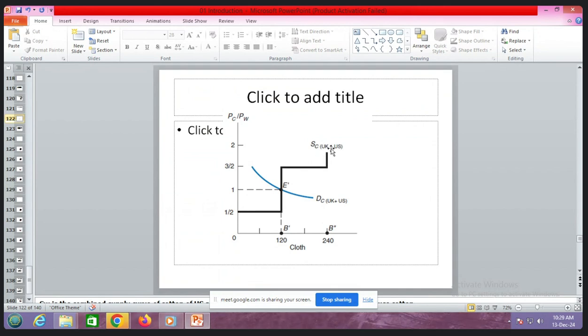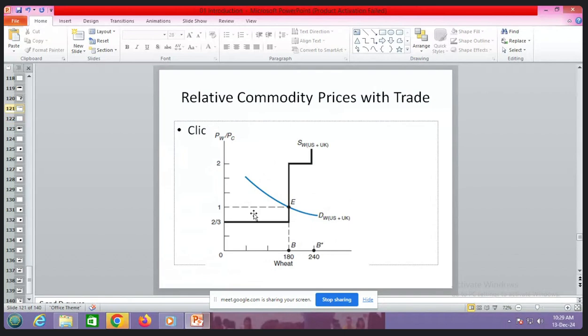So this is the supply curve of cloth, and again we are saying that the demand curve intersects here, and maximum of 120 units of cloth is getting produced at the relative price, which is equal to 1. So there is a complete specialization in both the cases.